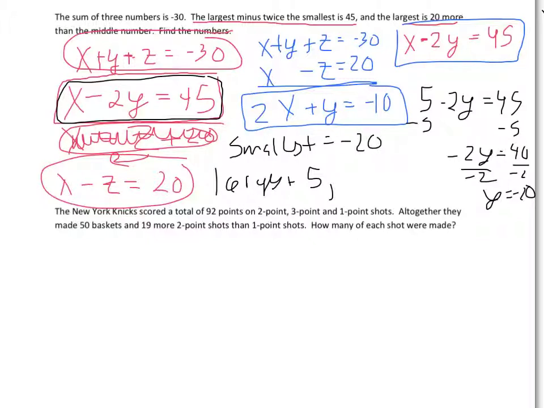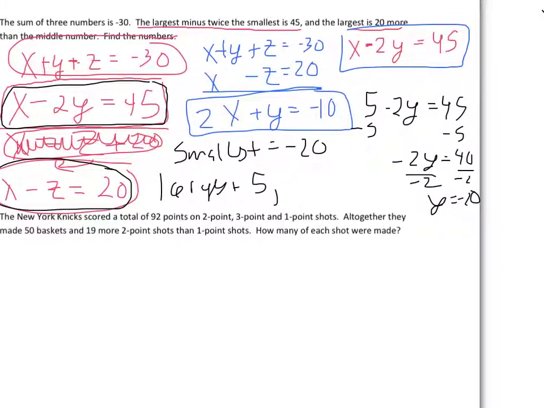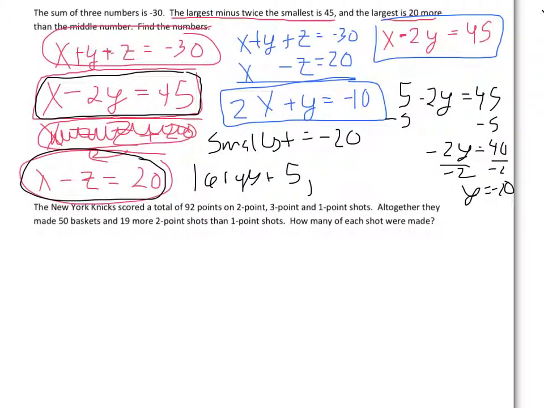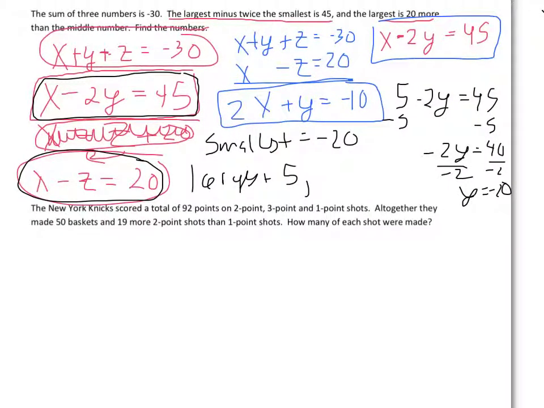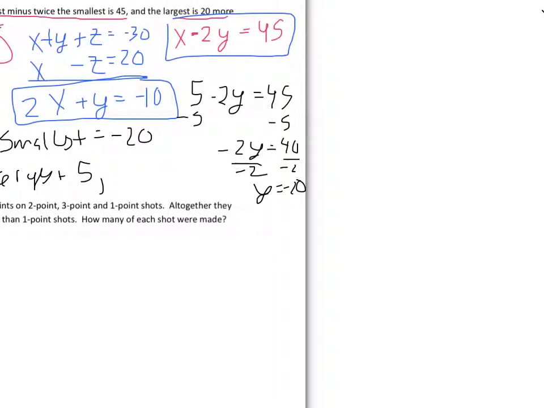And then to find the middle number, we can use this equation. We know that the largest minus the smallest is that. So plugging that in, or the largest minus the middle number. Recall we had x minus z equals 20.